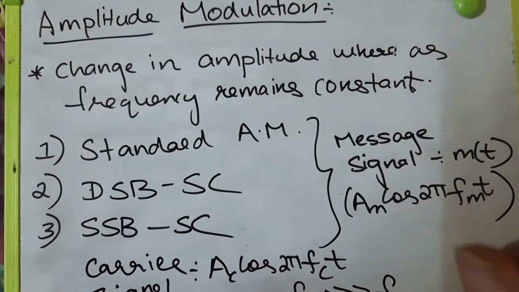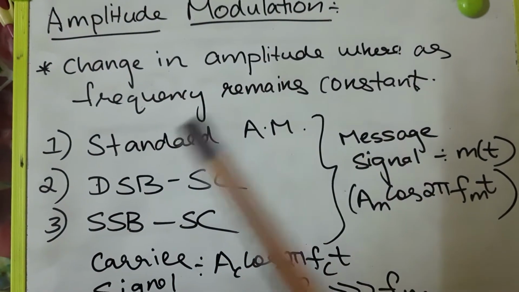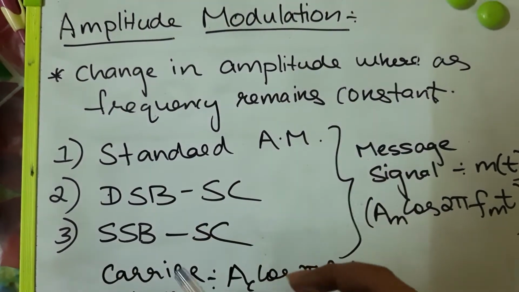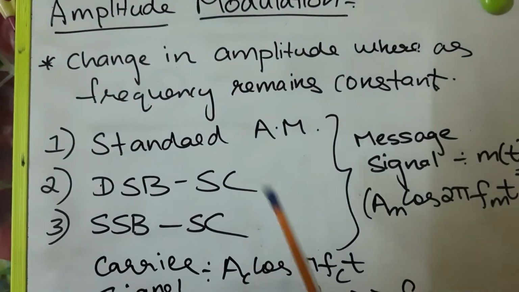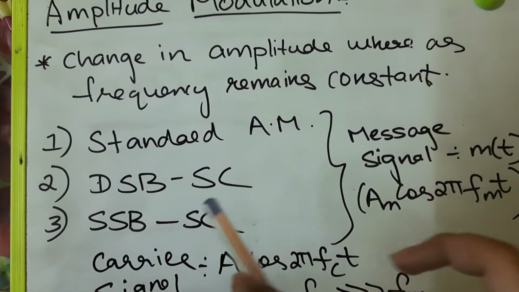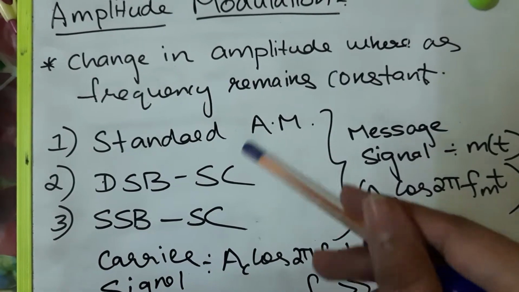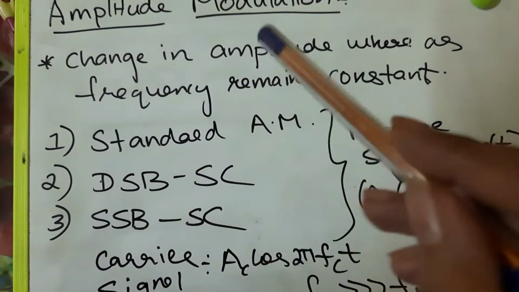Now there are three main types of modulation in amplitude modulation. The first one being standard AM, second one being DSB-SC, that is nothing but double sideband suppressed carrier, and third one being SSB-SC.